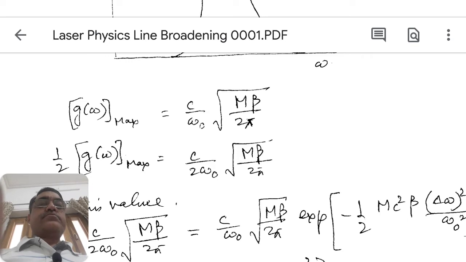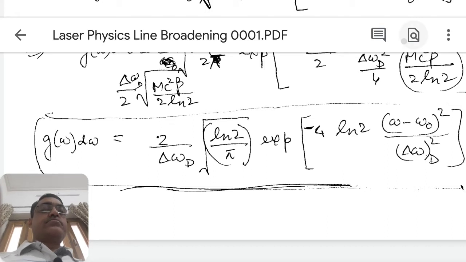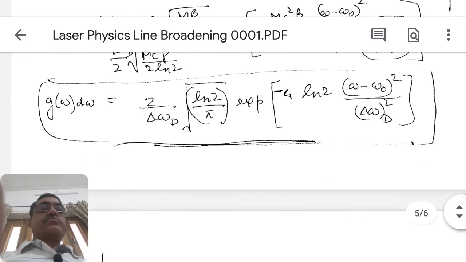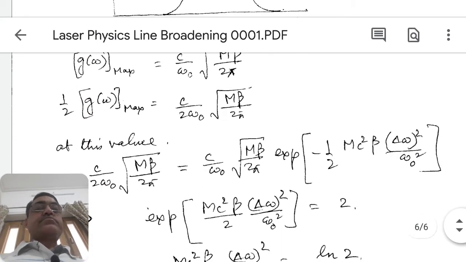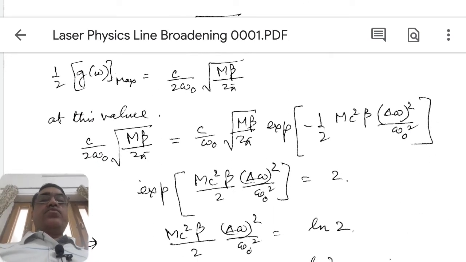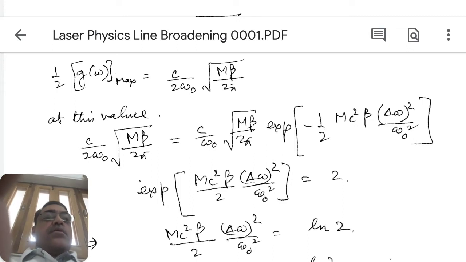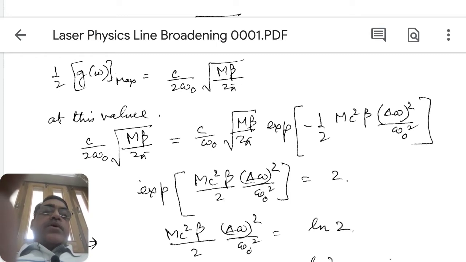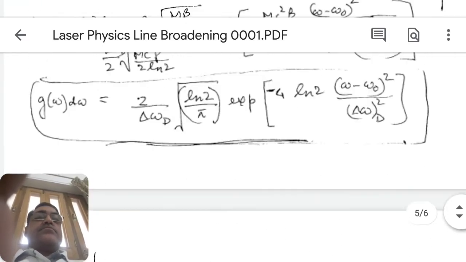Here at this value, because this we have already calculated, c by 2 omega naught into under root of m beta by 2 pi must be equal to the value just seen.